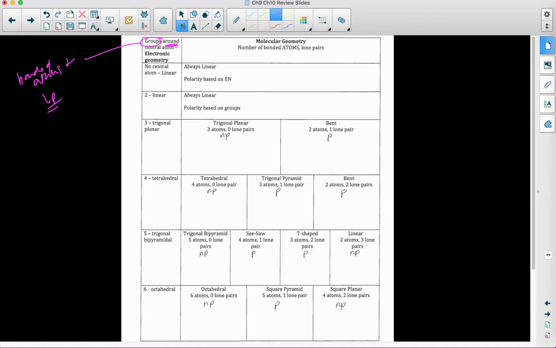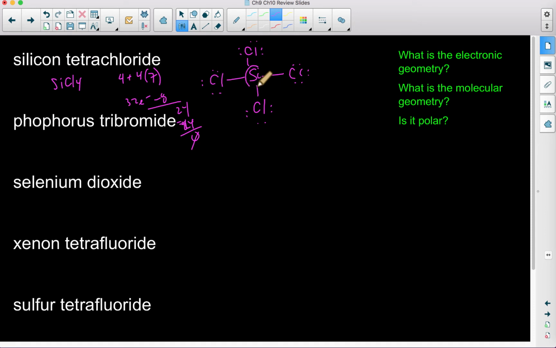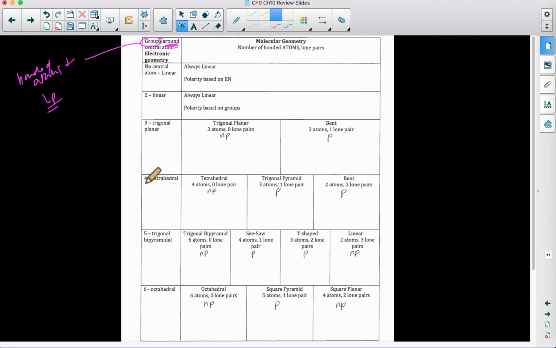So currently we have a central atom with 1, 2, 3, 4 groups around it, which means that puts us here. And then we'd scroll over and see, are there any lone pairs? No, which means that it's this. So you would say its electronic geometry is tetrahedral, its molecular geometry is tetrahedral, and it is nonpolar.